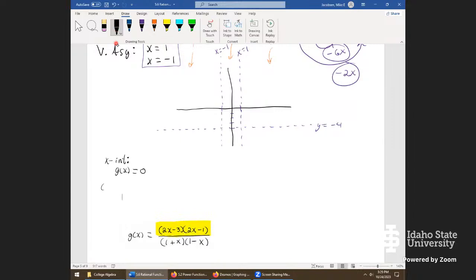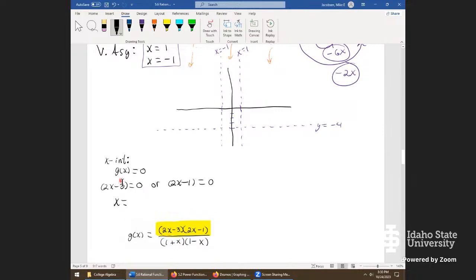So you're really setting 2x minus 3 equal to 0, or 2x minus 1 equal to 0. If you set the numerator equal to 0, because we did factor it, that just means either the first factor or the second factor is 0. Really and truly, you didn't necessarily have to put down this work. It's good to show steps in case we made a simple mistake or for partial credit, but you can read off the x-intercepts right from the factored form. Here's how it would go.